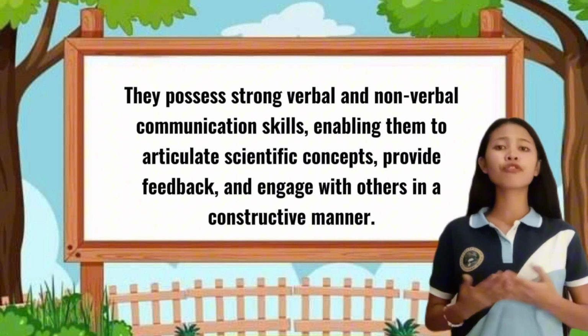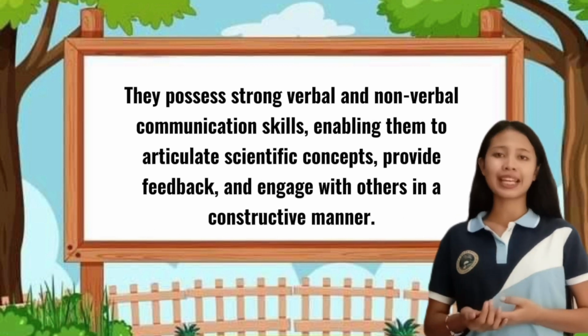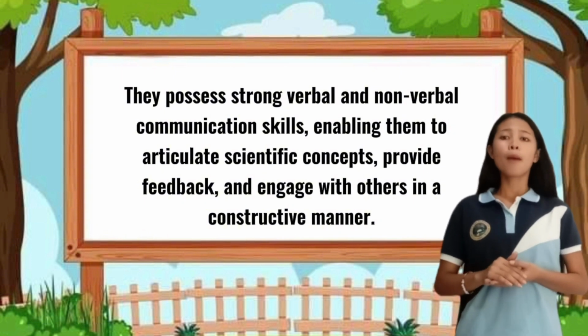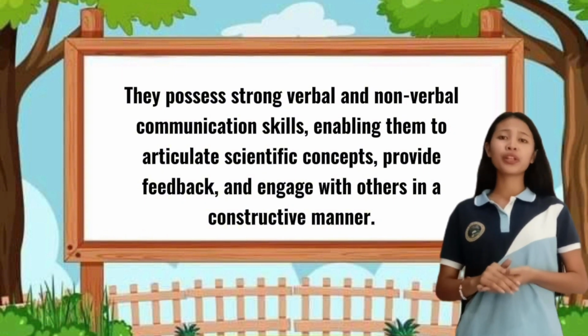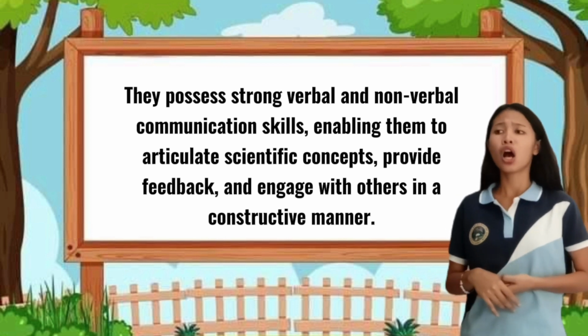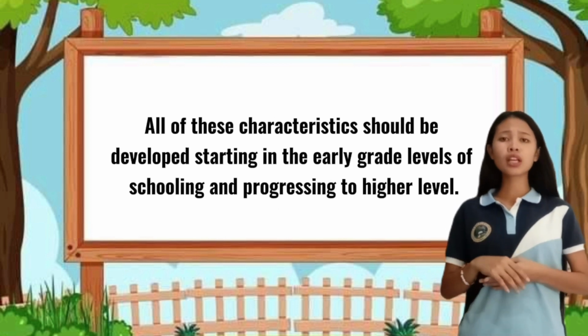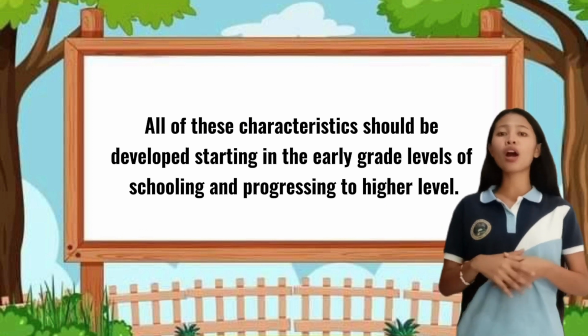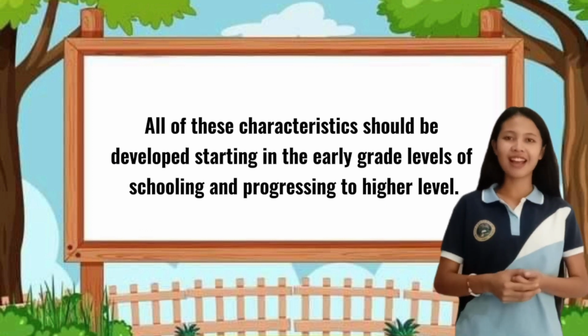They possess strong verbal and nonverbal communication skills, enabling them to articulate scientific concepts, provide feedback, and engage with others in a constructive manner. All of those mentioned attributes should be developed starting in the early grade levels of schooling and progressing to the higher level.